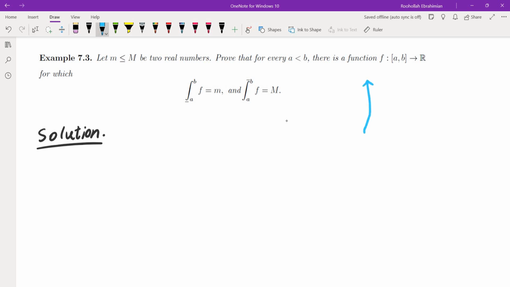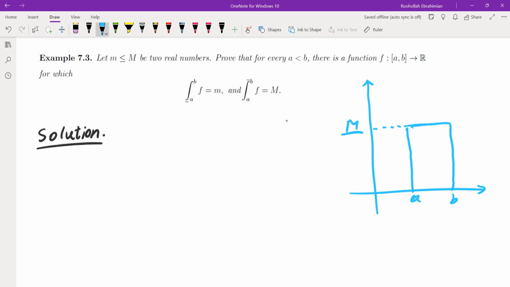So let's see what we want to do. We want the area to be capital M for the upper integral, and this goes from a to b. If you want the area to be capital M, this would have to be capital M over b minus a. And then it would have to be lowercase m over b minus a.